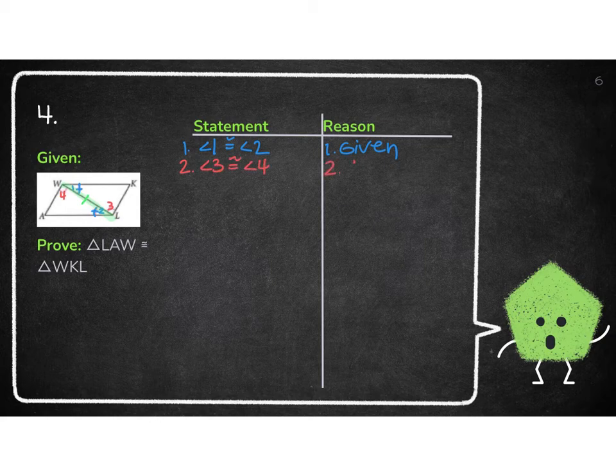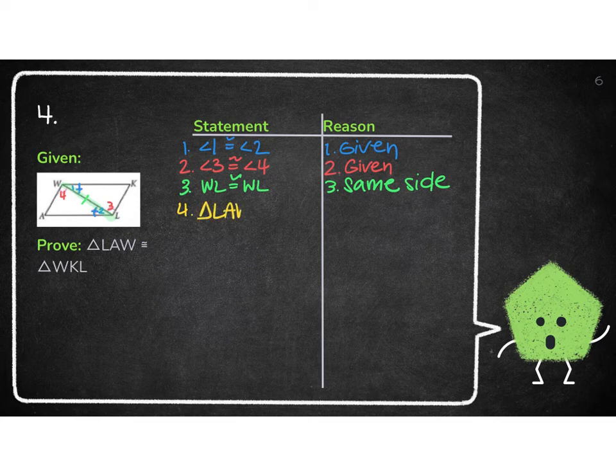This is given. And finally, step 3, WL is congruent to WL, and this is because it's the same side, or you can use the reflexive property. We have three parts that are congruent, so we are ready for our triangle congruency.